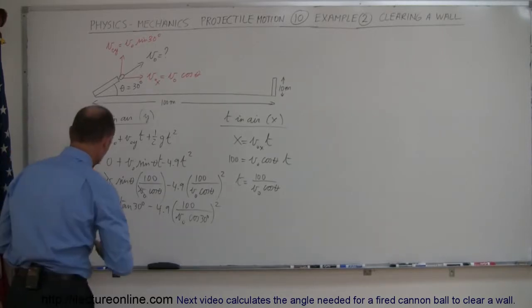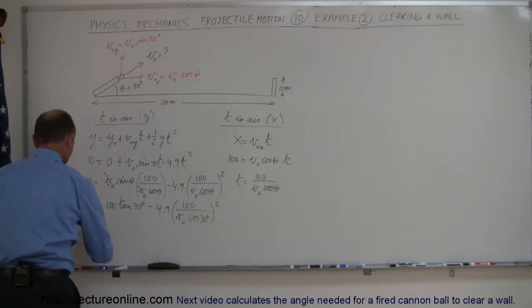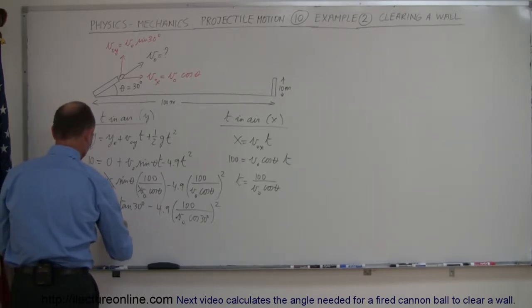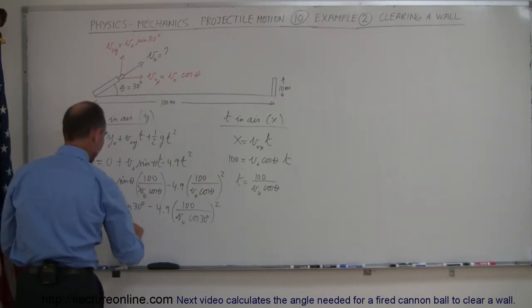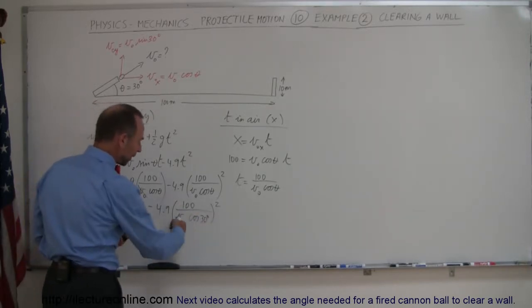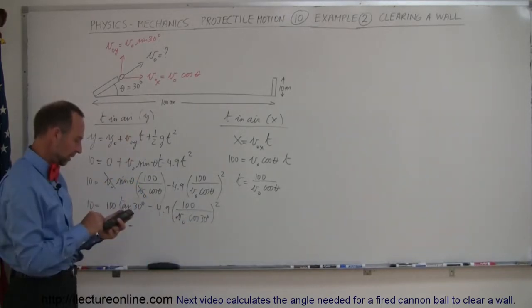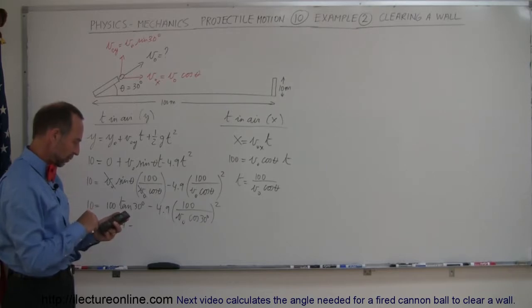All right, so now I have 10 is equal to 57.7 minus, now I'm going to multiply all this out and divide it by v squared, because v is squared here as well. So 100 divided by the cosine of 30, we square that, and multiply times 4.9.